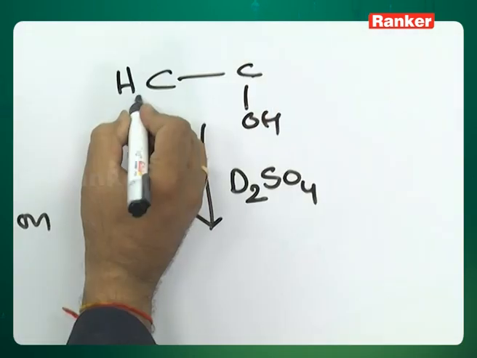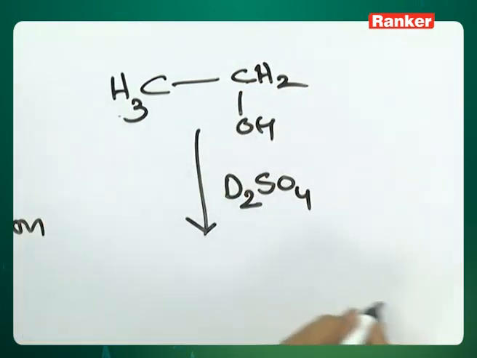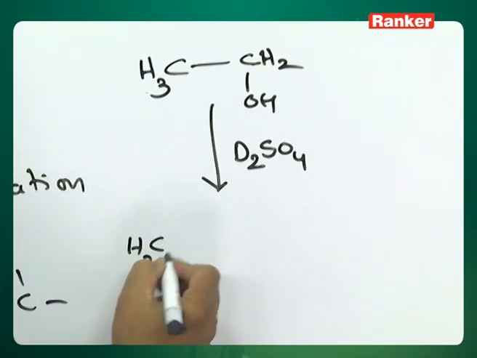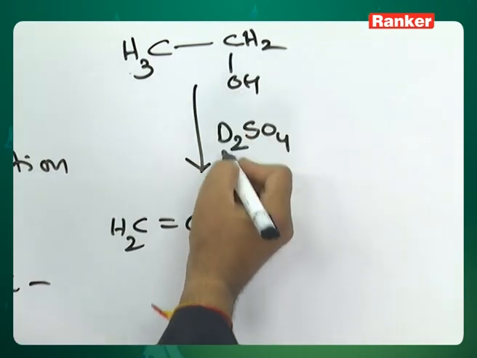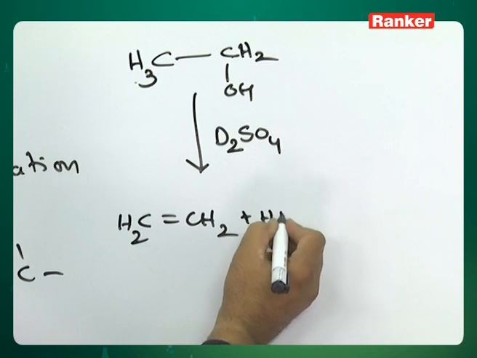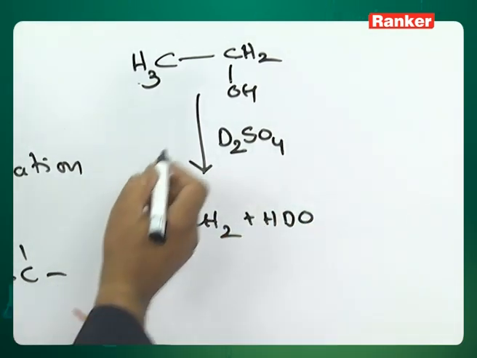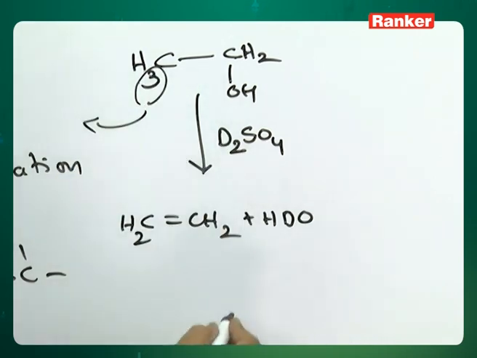So, originally the byproduct should be water, the double bond comes here also, but the byproduct is not H2O: the D and OH form HDO, right. H2O will be the byproduct in the normal case, and the hydrogen which is detached from here goes with the sulfuric acid.